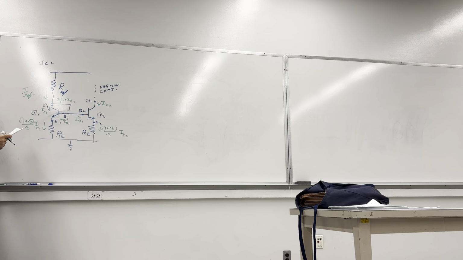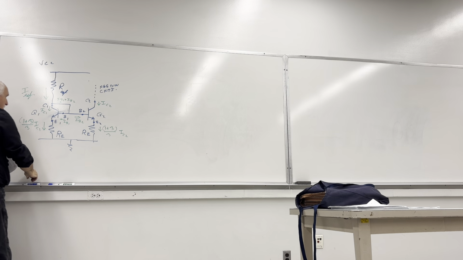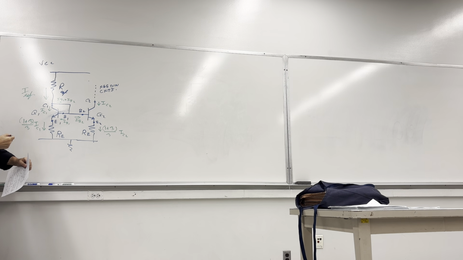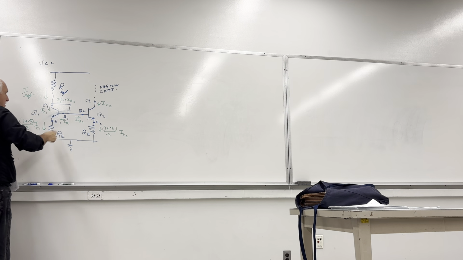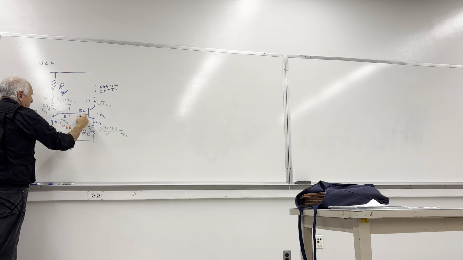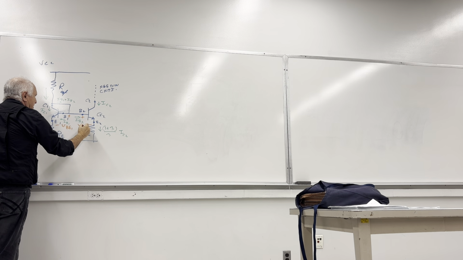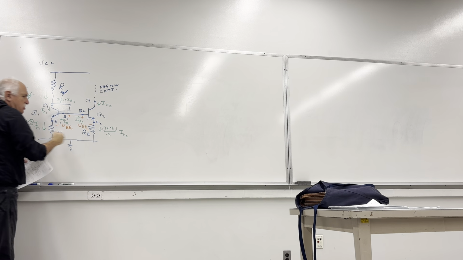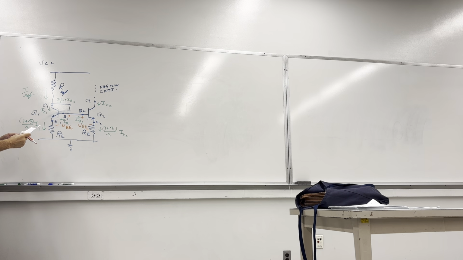Okay. And this is VBE1, and then you have VBE2. So everything is in the handout. Don't need to write.